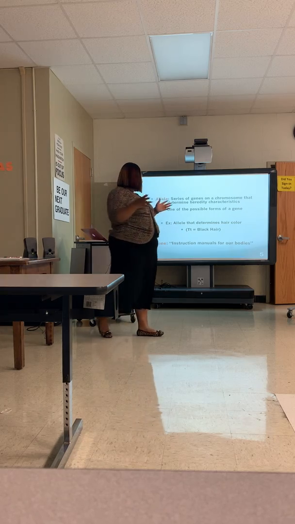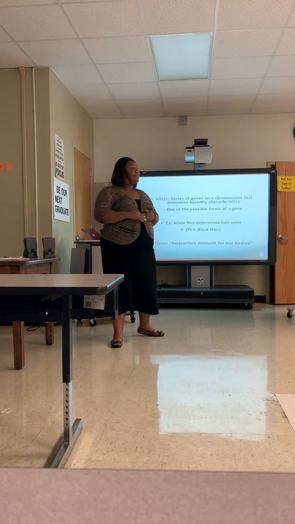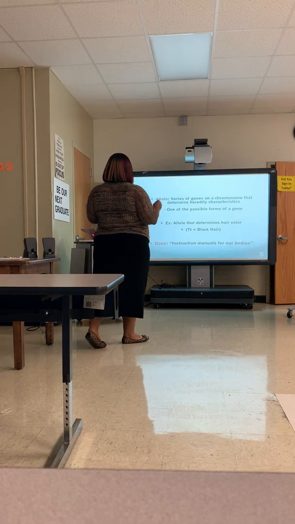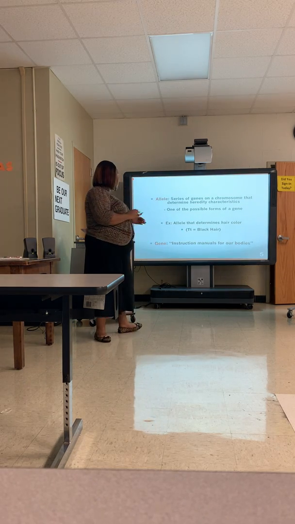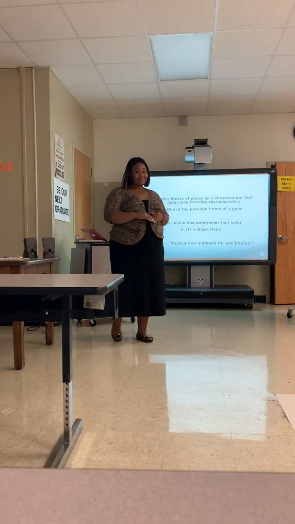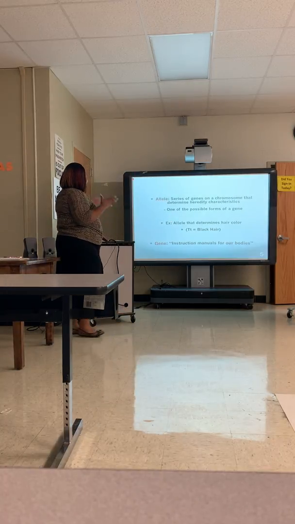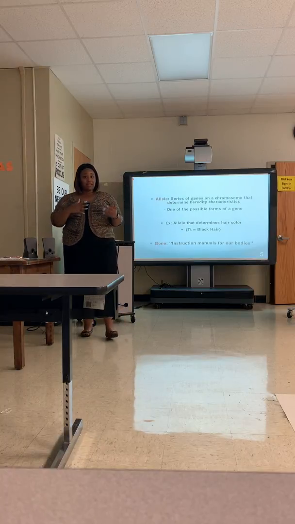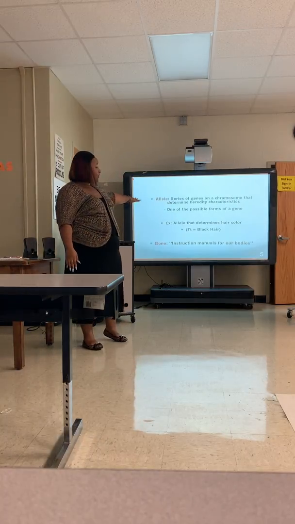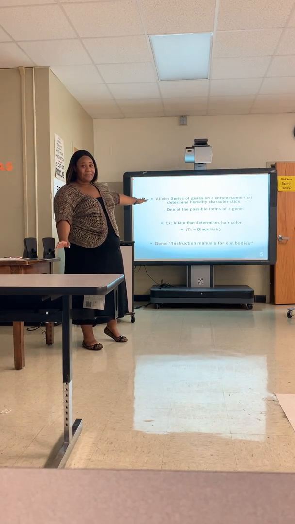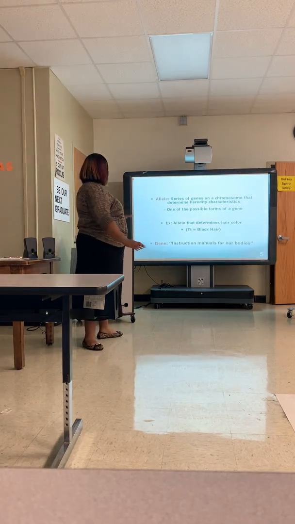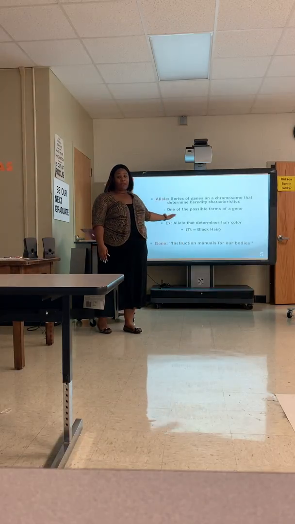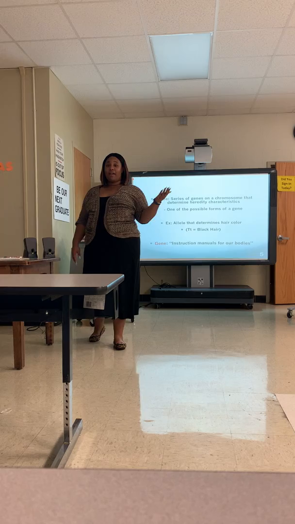Another essential vocabulary word is allele. An allele is a series of genes on a chromosome that determines hereditary characteristics. One of the possible forms of the gene is, like I said before, that characteristic. Your allele combination, letters. Are you with me? So, in this case, capital T and lowercase t will equal black hair.